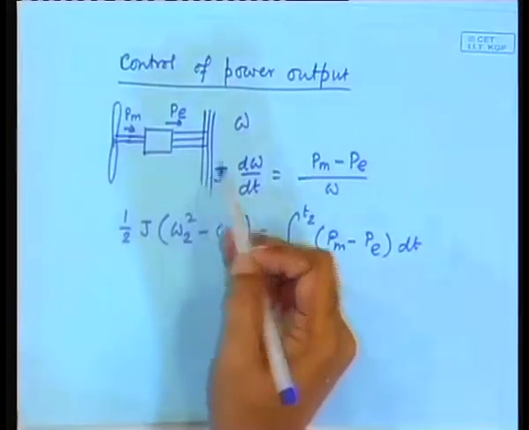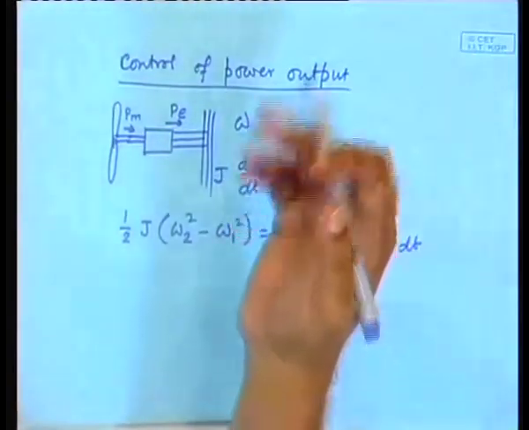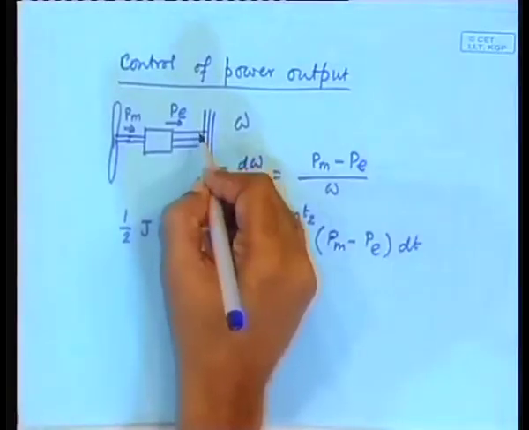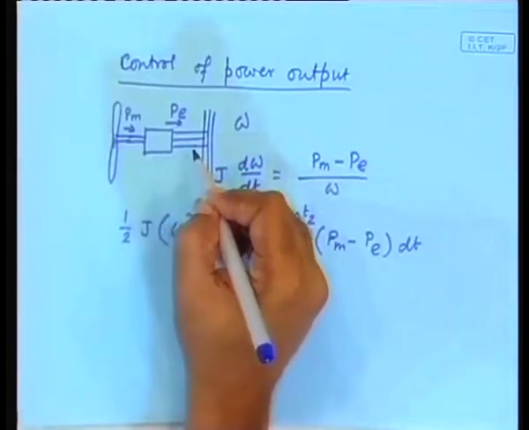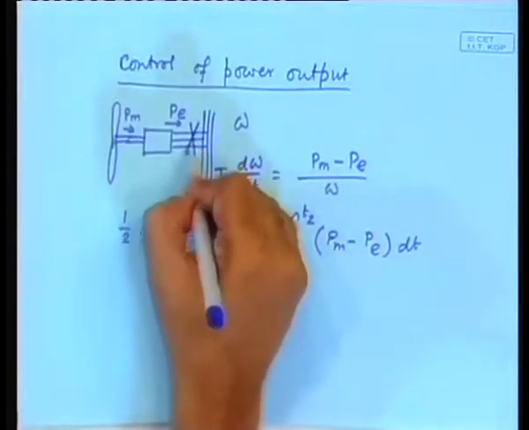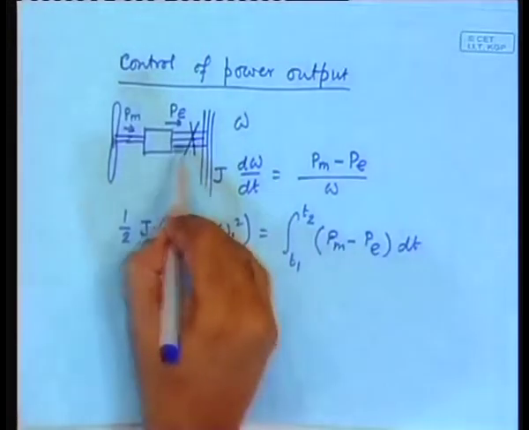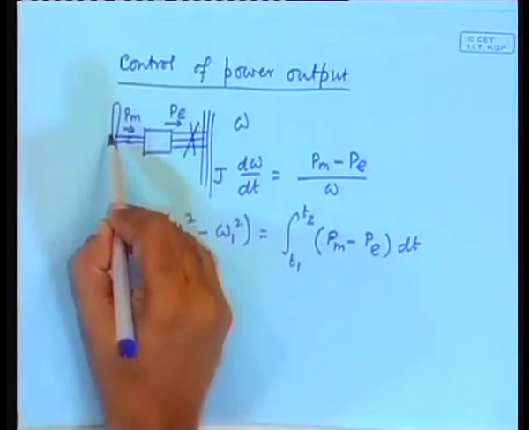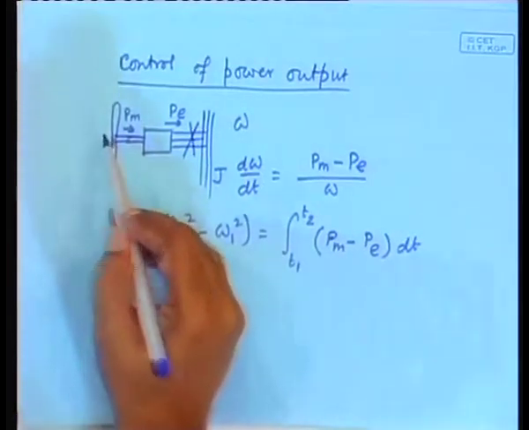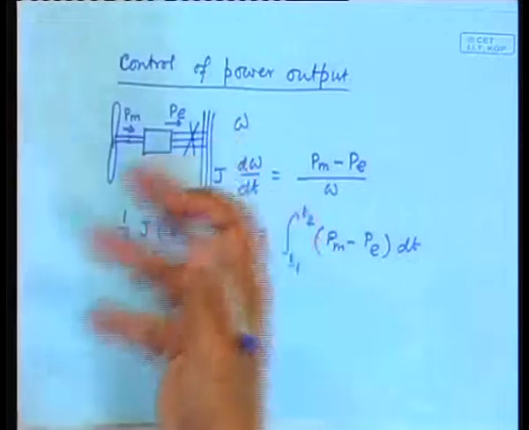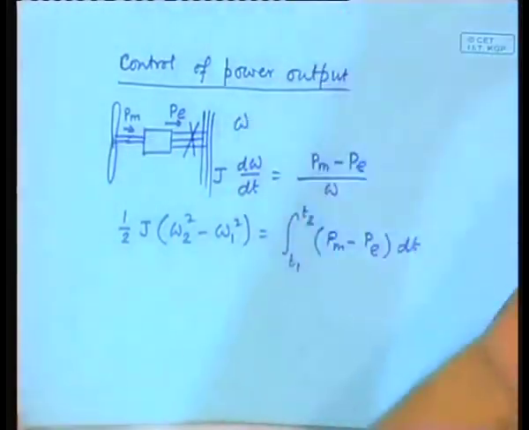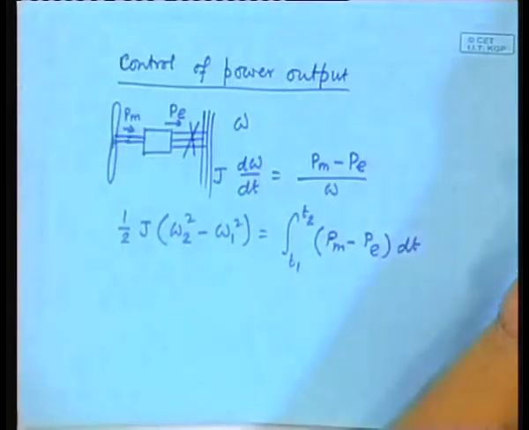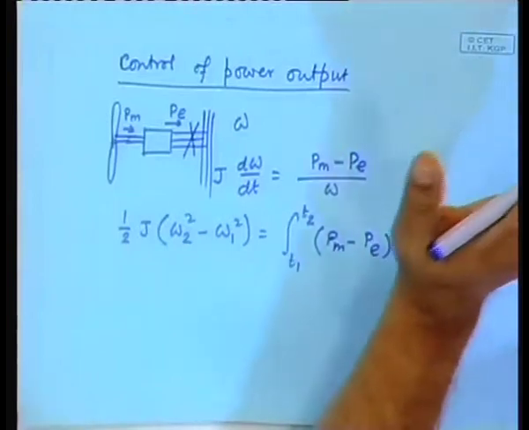That means you have seen load shedding, you have seen that there is a complete failure of the grid, or there can be some kind of an electrical failure in any of these lines. Then obviously this line is cut off. PE suddenly goes to 0, but PM is there. What will happen? It will increase speed endlessly, and the blades will simply break. So that also has to be stopped.